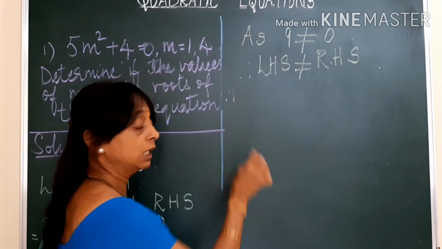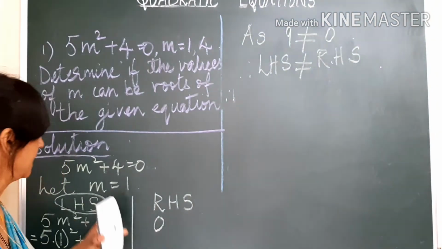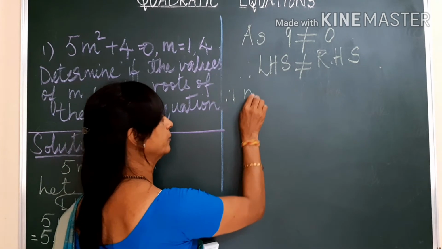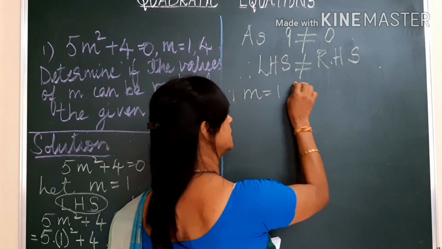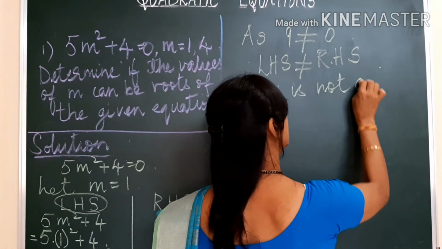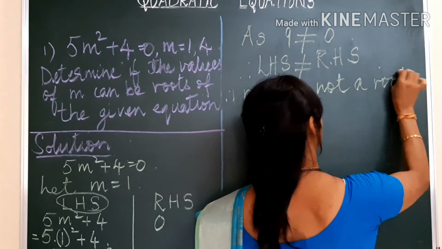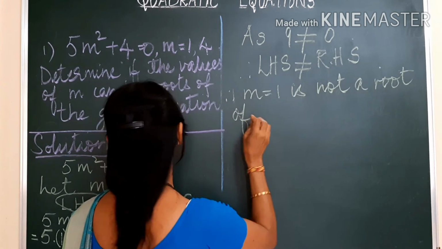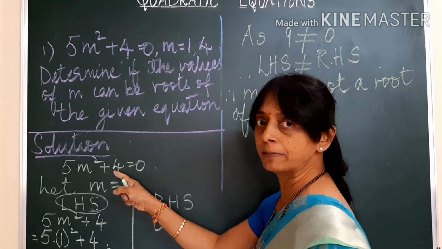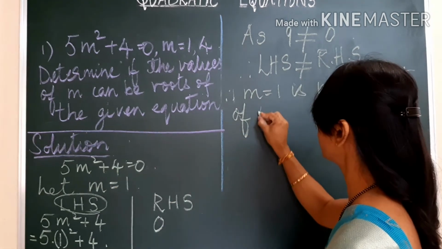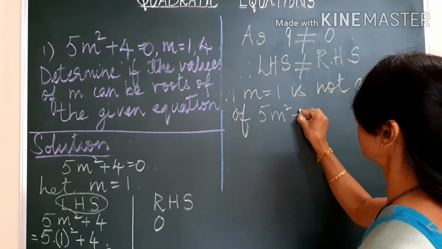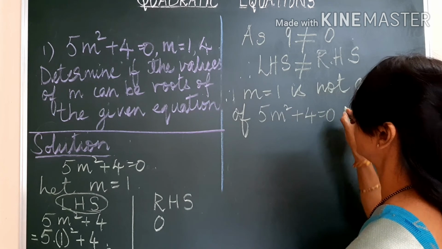So what do we conclude? We can conclude that m equal to 1 is not a root of which equation, children? 5m square plus 4 is equal to 0.